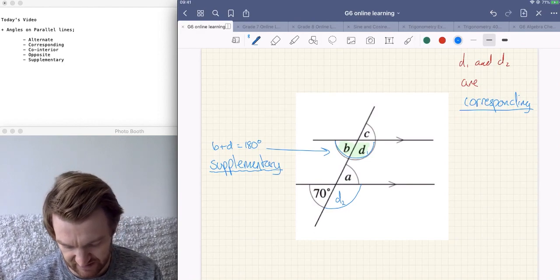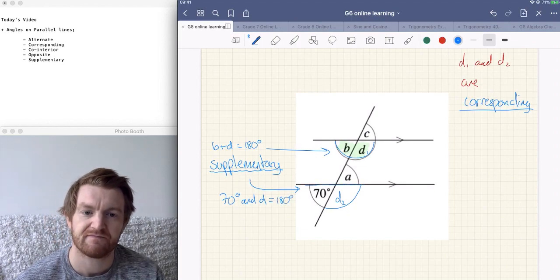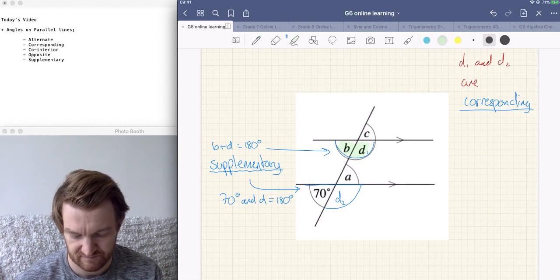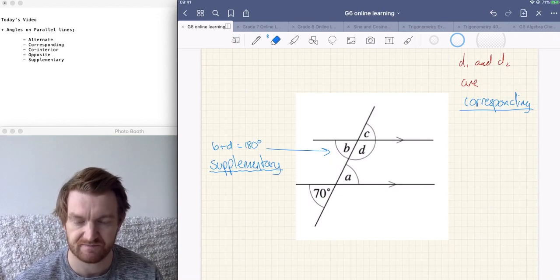We could also say that these 2 here, 70 degrees, and the D must be 180 degrees because they're also on a straight line. So 2 things we can say there. That's exciting. Got 2 things already, supplementary and complementary. Let's look and see if we can find some other things.